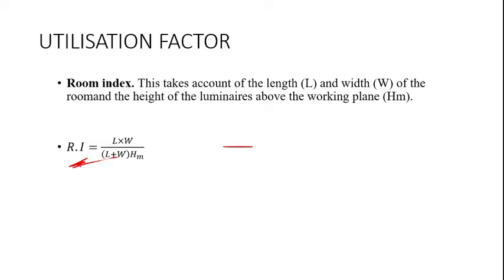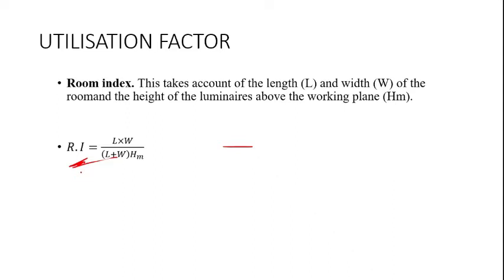For example, if you consider an LED luminaire, that means a group of LED lights used together, then you can call it a luminaire. The manufacturer of that luminaire will specify a room index value for which the luminaire will have maximum performance.